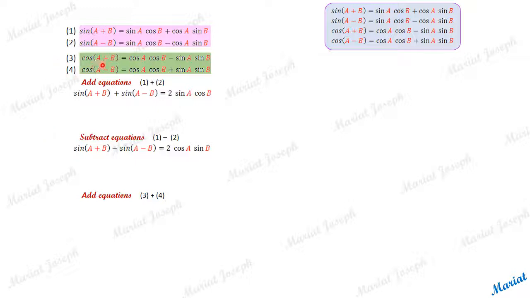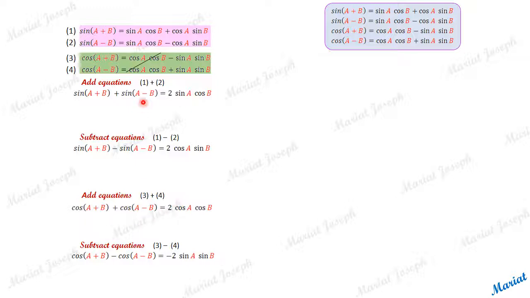First we add them to get cos(A+B) plus cos(A−B). On the right side you observe these two terms get cancelled and it gets doubled: cos A cos B twice, that's why it is written 2 cos A cos B. Lastly, for the third and fourth equations, subtract 3 minus 4. That will give us cos(A+B) minus cos(A−B).